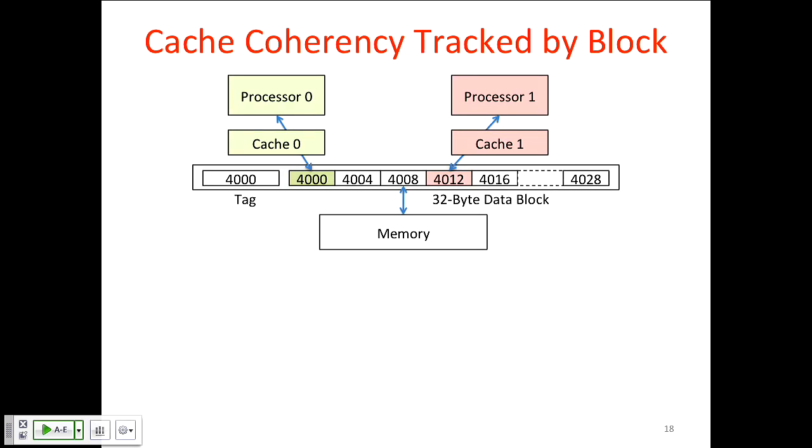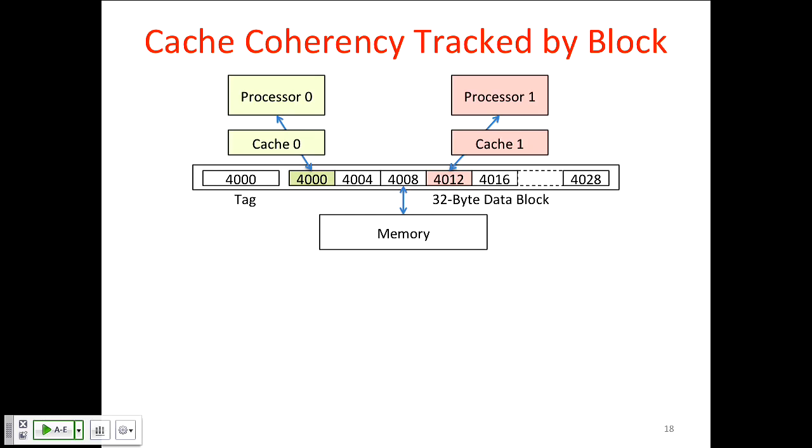Okay, that might come up as we walk through the next few slides. The way the cache coherence scheme works is in units of cache blocks, cache lines.